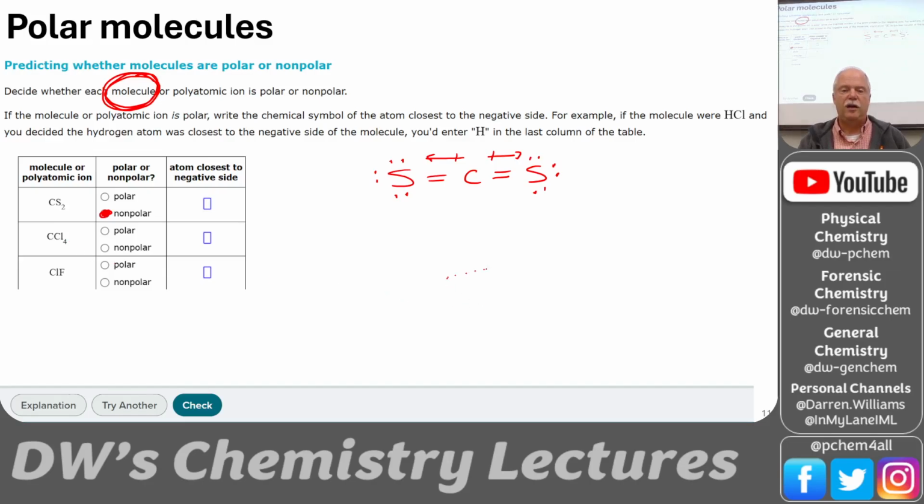Okay, what about carbon tetrachloride? You're so much more comfortable with these pictures now that you've seen them a whole bunch. And here's carbon tetrachloride. We could put all of the electrons on them if we want.